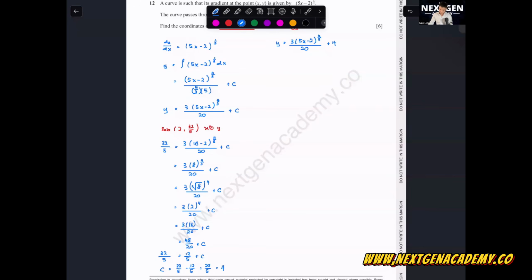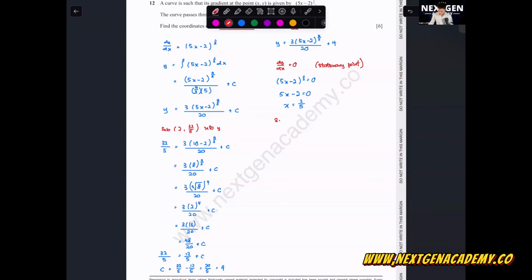Now we want to solve for dy over dx equals 0, because this one is a stationary point. So we solve for this one. (5x minus 2) to the power of 1 over 3 is equal to 0. 5x minus 2 equals 0. x is equal to 2 over 5.